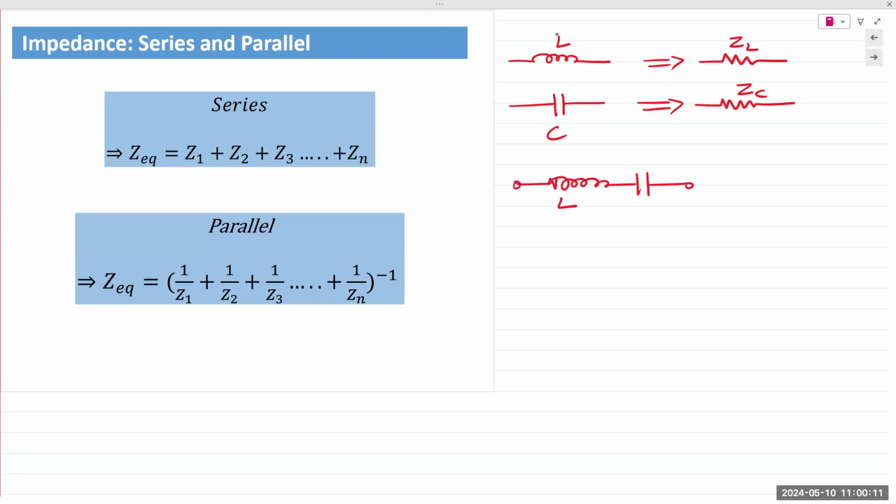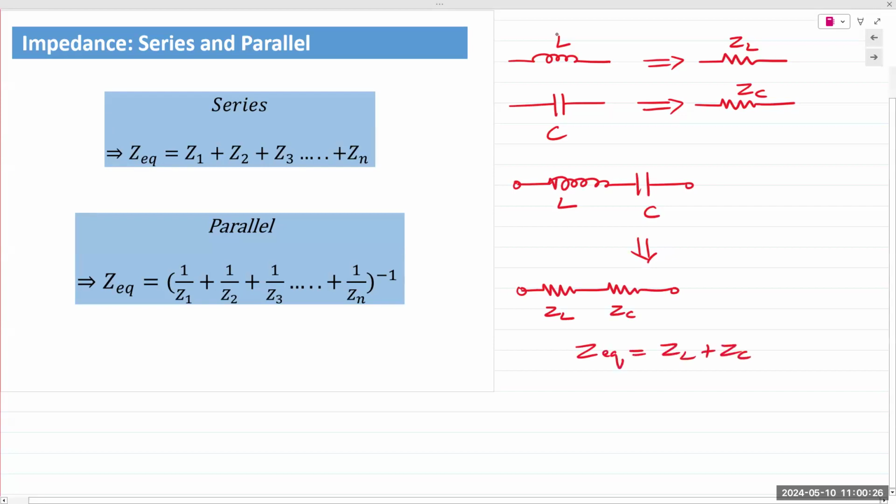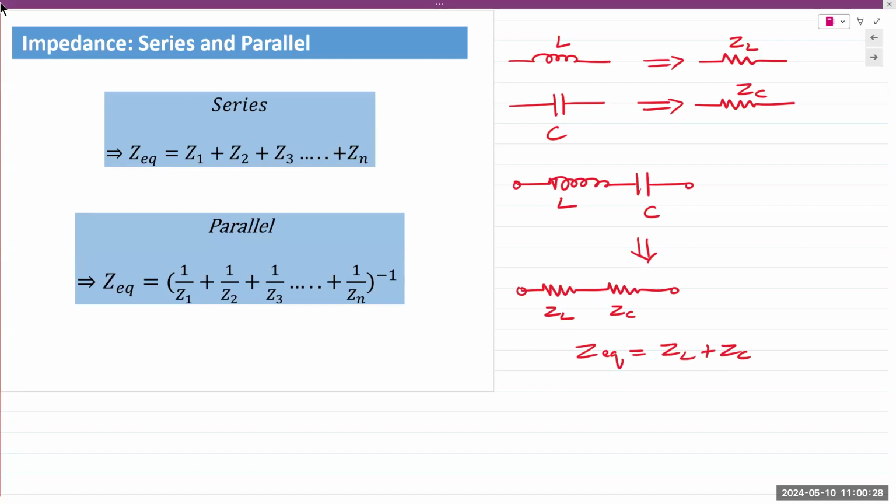Inductor and capacitor in series would be represented as 2 impedances in series, ZL and ZC. So ZEQ is ZL plus ZC.